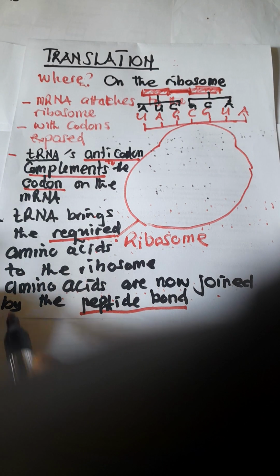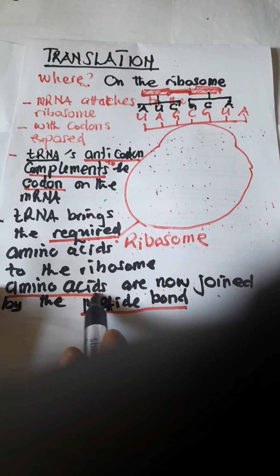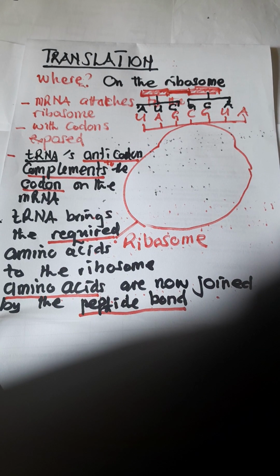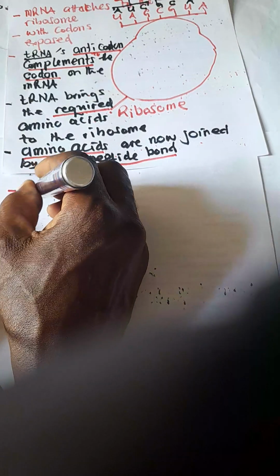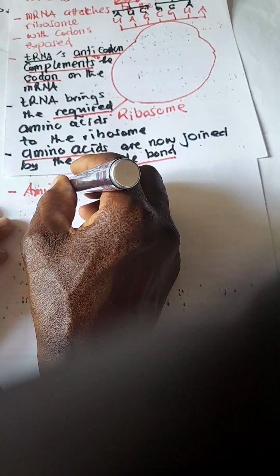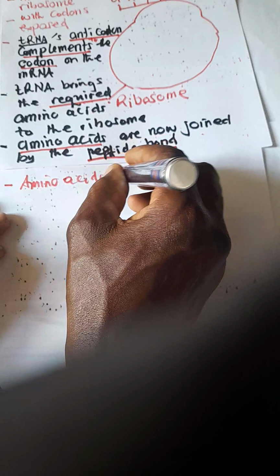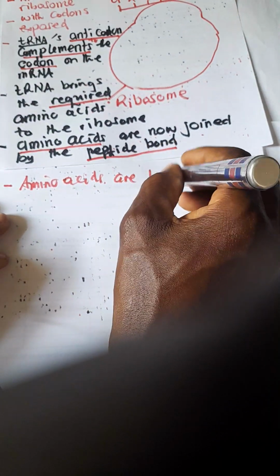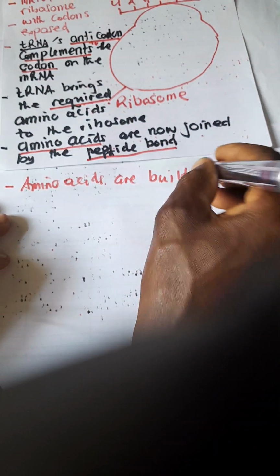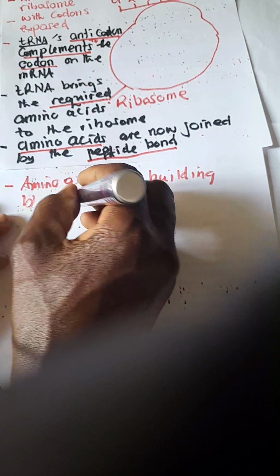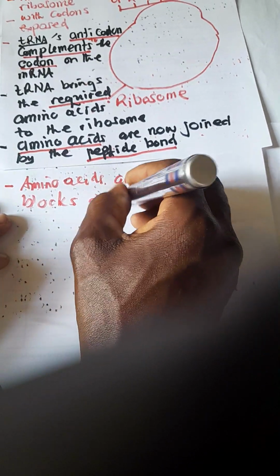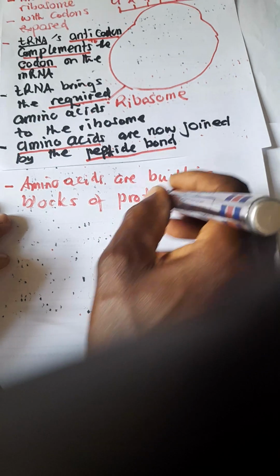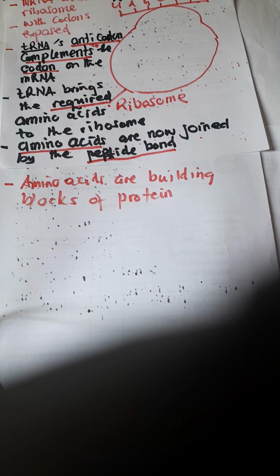Don't forget that we have talked about the amino acids. Amino acids are building blocks. They are building blocks of proteins. So now, since we've got many amino acids being joined together by the peptide bond, a protein is formed.